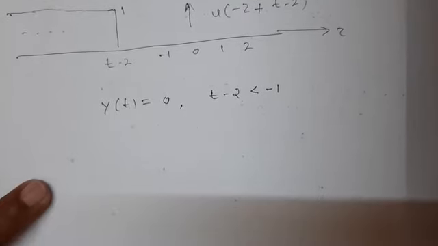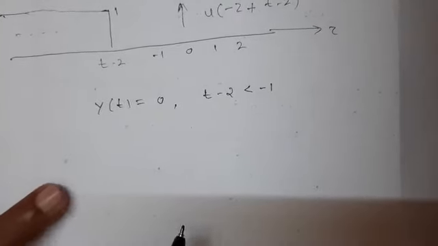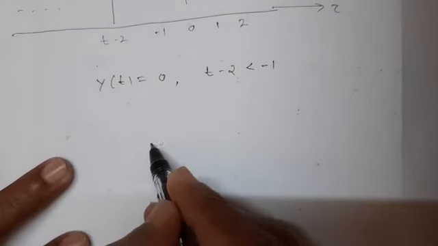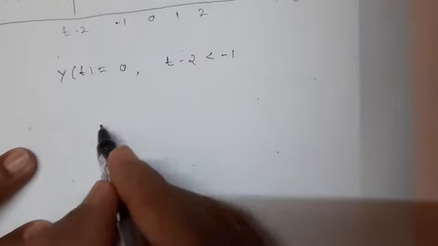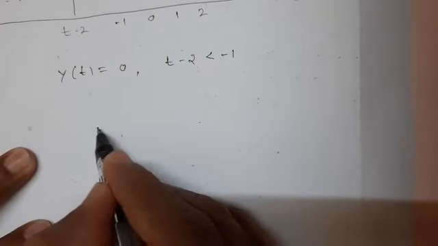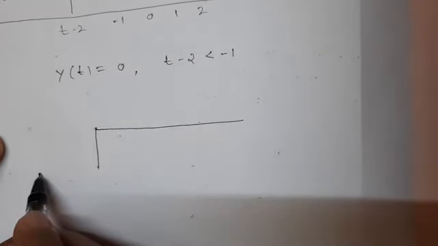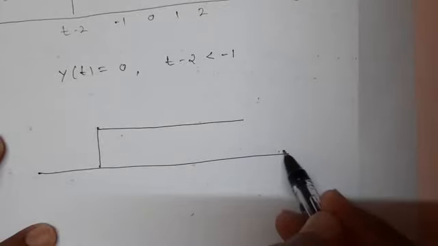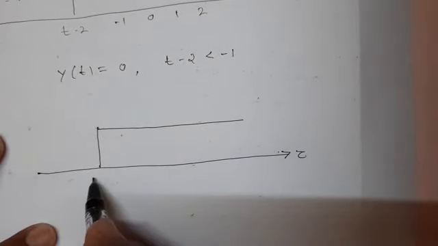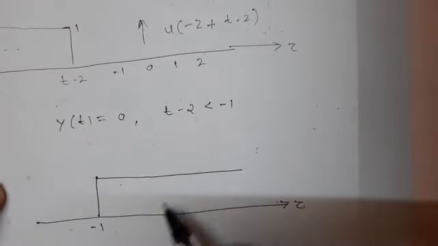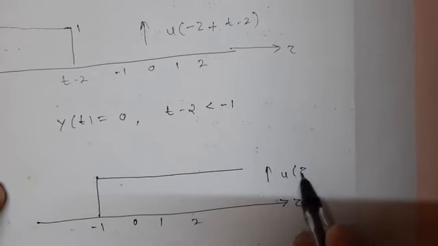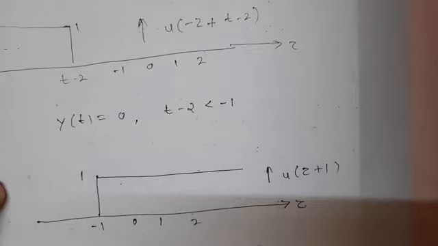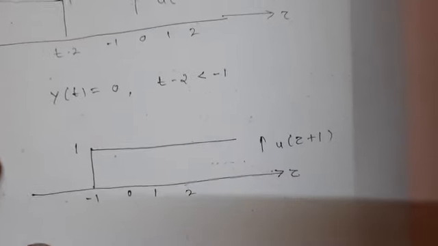Next condition: what is y of t when t minus 2 is greater than or equal to minus 1, which I will try to show here. Again, try to draw. It is minus 1. Same signal 0, 1, 2, which you told is u of tau plus 1 with an amplitude 1 extending towards the positive side.